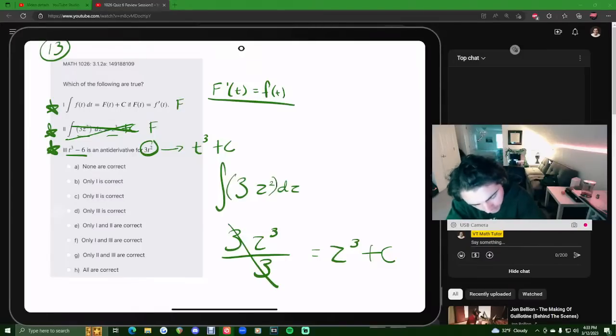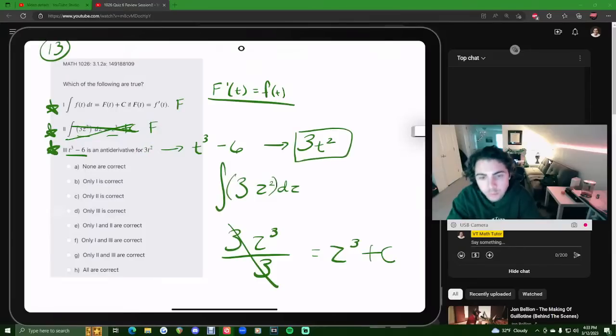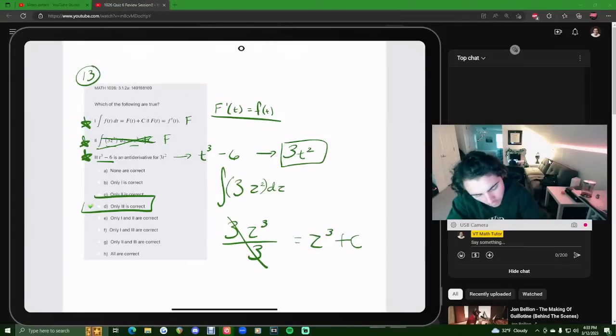You could also just think about, like, if you have t cubed minus 6 and you took its derivative, you'd get 3t squared plus 0, or just 3t squared. And yeah, that would also prove this one true. So only 3 is correct here. Hope that makes sense.